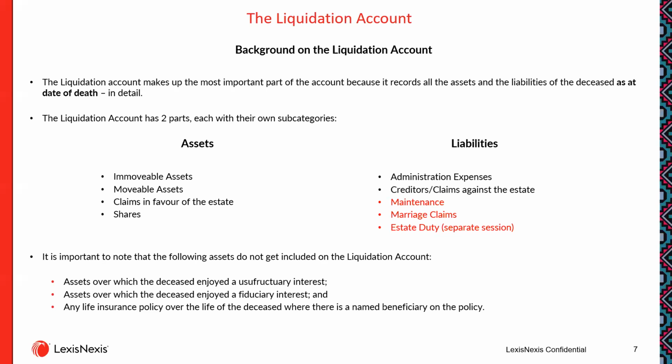Additional things we can include underneath our liabilities are any maintenance claims, claims in terms of the Marital Act, and the estate duty. Although it has a separate account, we do indicate the estate duty payable in our liquidation account as well.